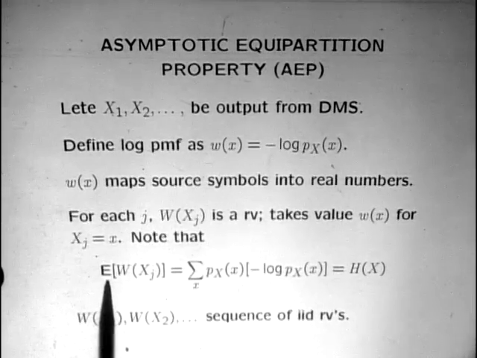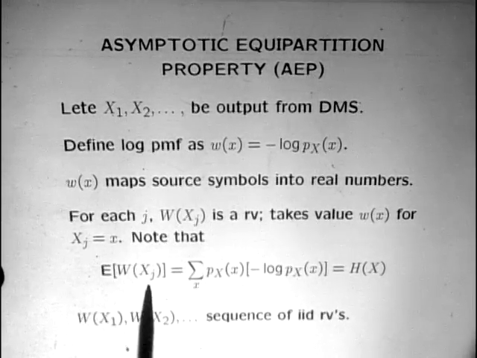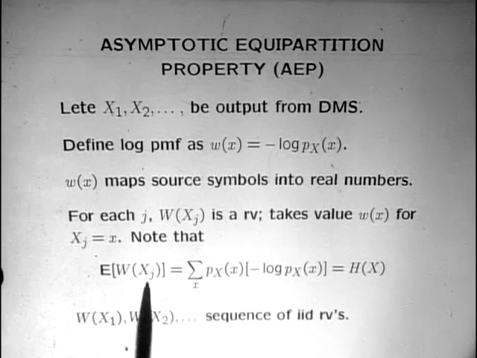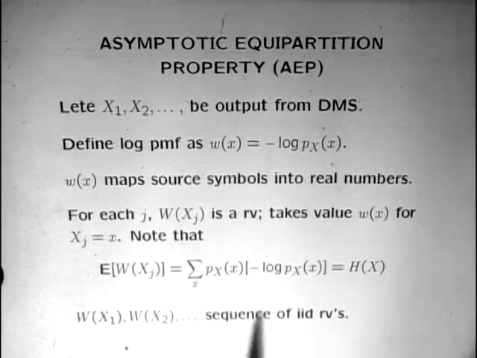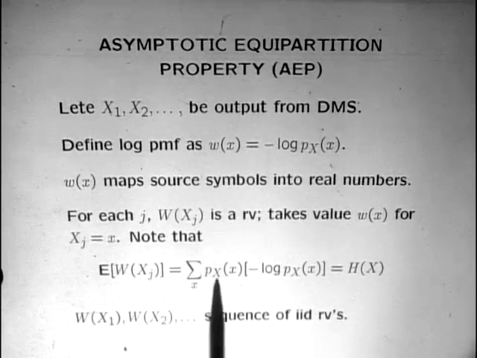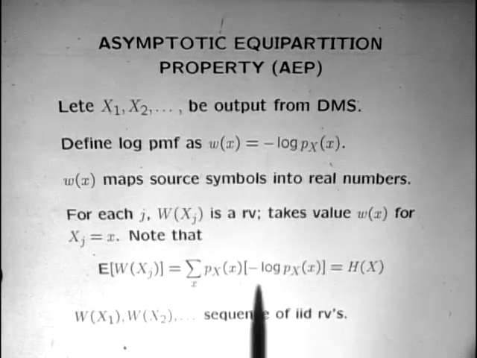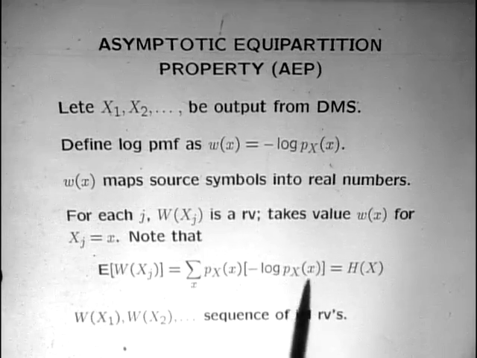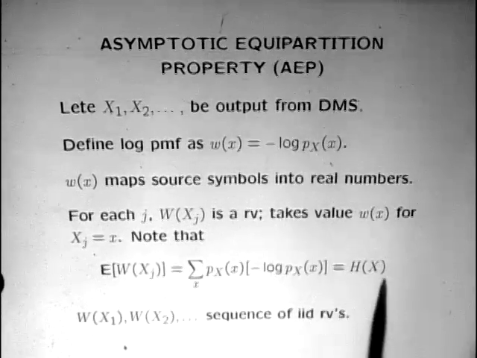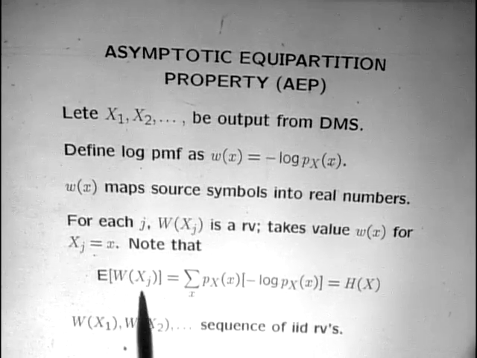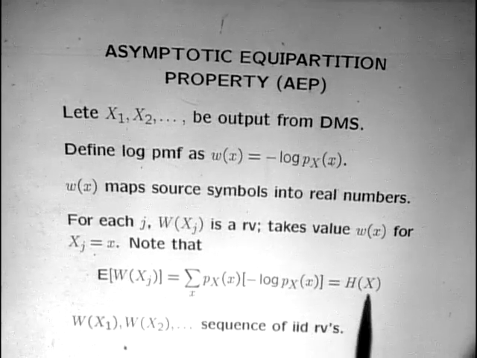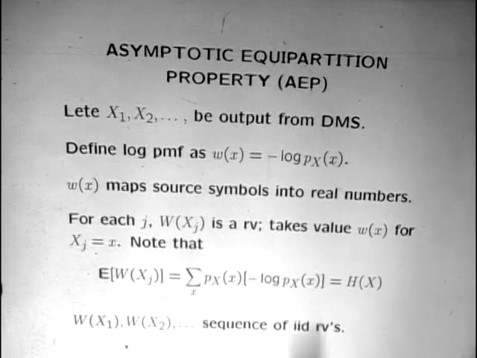Okay, so the expected value of this log PMF for the jth symbol out of the source is the sum of p sub x of x, namely the probability that the source takes on the value x, times minus the logarithm of p sub x, and that's just the entropy. So the strange thing about this log PMF random variable is that its expected value is the entropy.